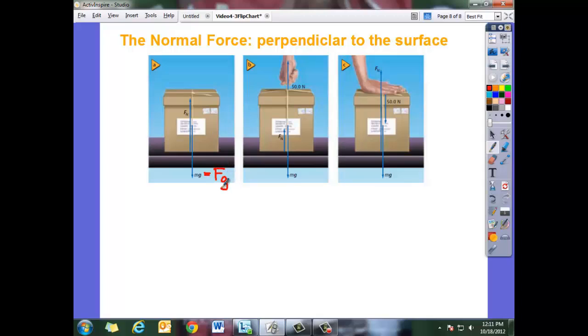If I were to grab hold of the string and pull up, and I were to sum the forces, I would have Fn plus Ft, because I'm pulling up on the string, so that's tension, minus Fg equals ma. Even if I don't lift it, if I just pull up slightly, Fn becomes Fg minus Ft.